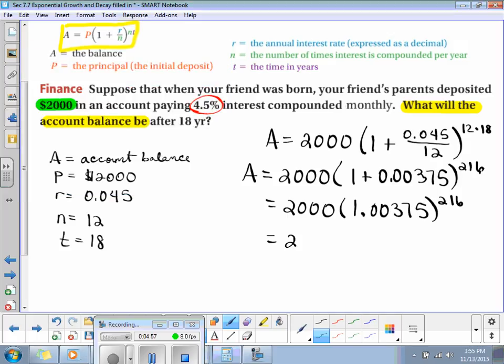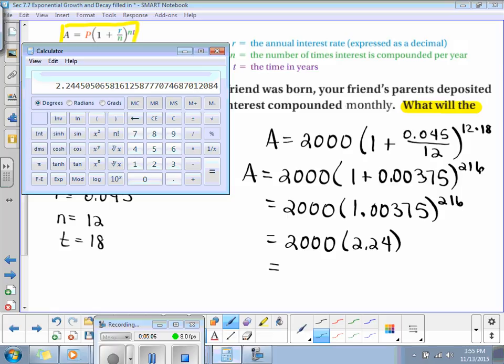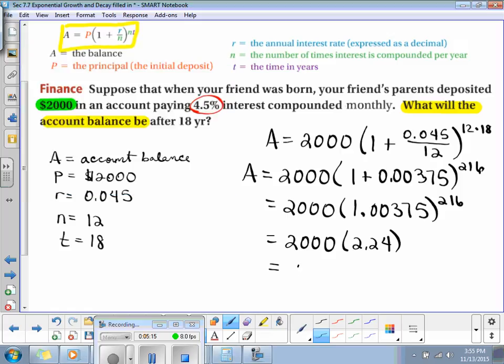So we've got 2,000 times 2.24, and now that's what we're going to multiply. So 2,000 times 2.24 is equal to 4,480 what? Dollars.